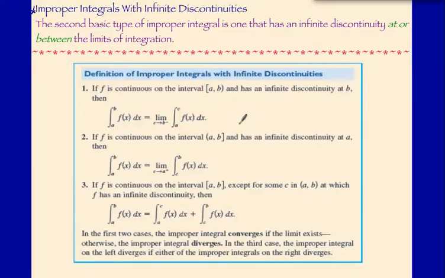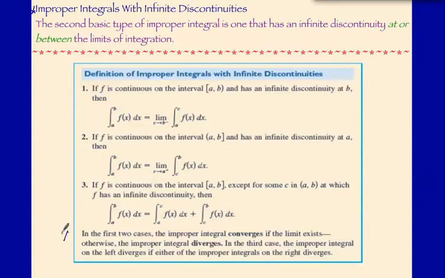If f is continuous on the interval and has an infinite discontinuity at b, or at a, at either one of the endpoints, then you again have to set up a limit as the value is approaching that infinite discontinuity. And of course, you can also have an infinite discontinuity somewhere on the interval. You would have to divide it into two improper integrals.